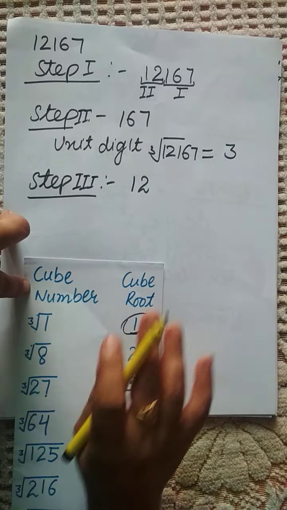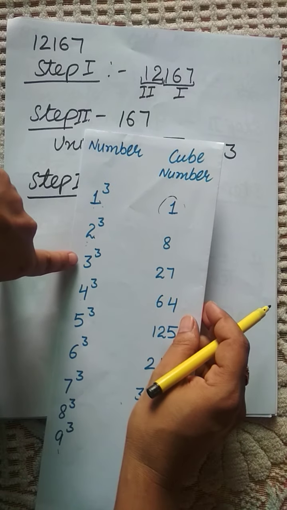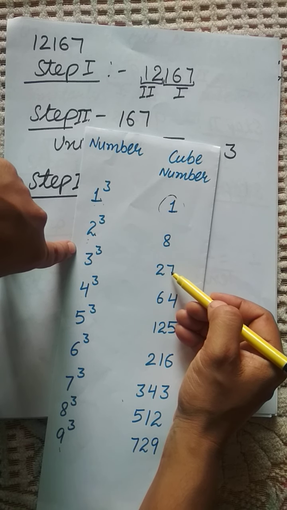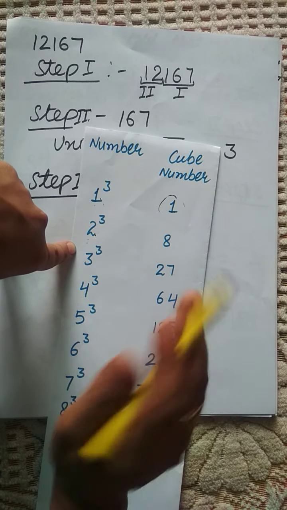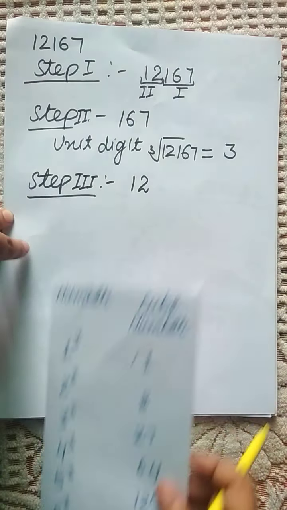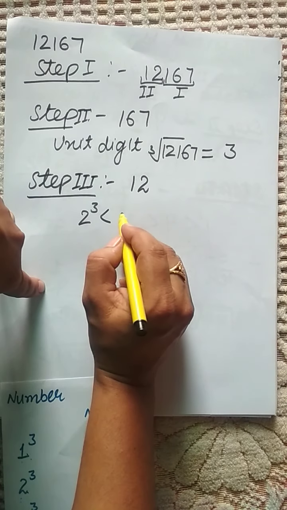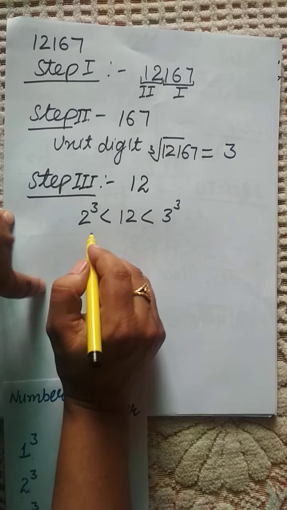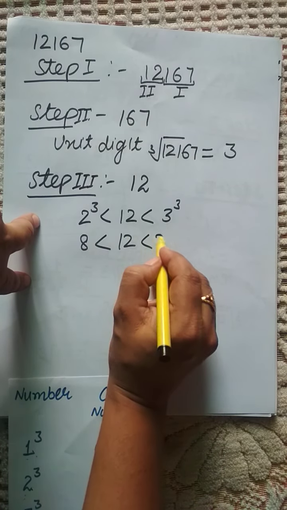Second group is 12. Now I will see where 12 is lying. You can see from here 12 is lying between 8 and 27. And 8 is the cube of 2 and 27 is the cube of 3. So I can write here cube of 2 is lesser than 12 is lesser than cube of 3. That is cube of 2 is 8, 12, 27.